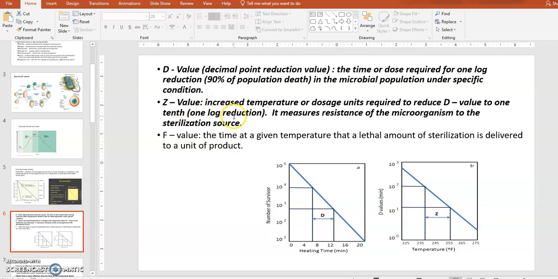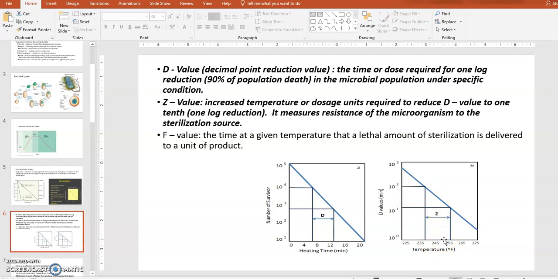And the Z value is the increase in temperature or dosage unit required to reduce the D value. So the D value is what the treatment requires to get 1 log reduction. If you show that not in time but in temperature or dosage or something different, that's going to be the Z value.